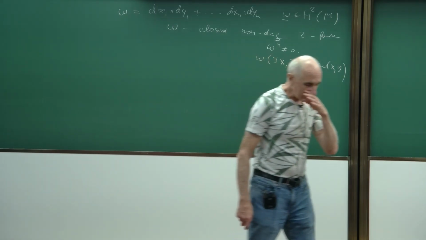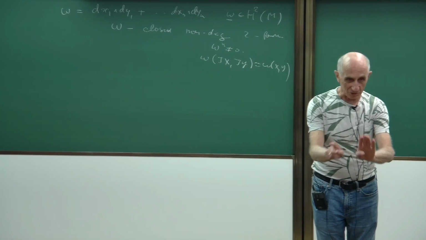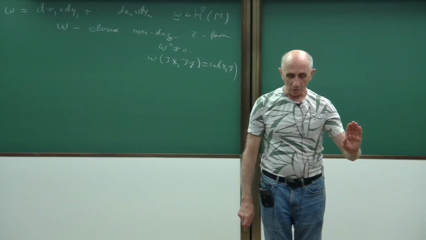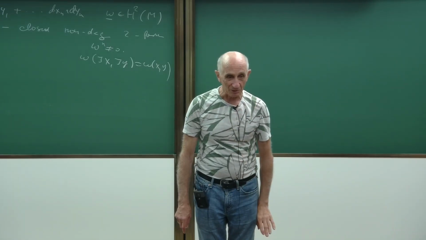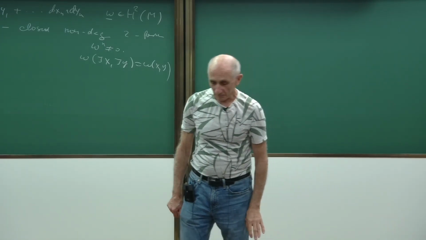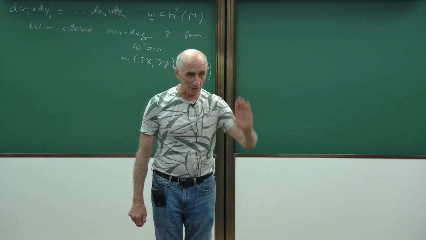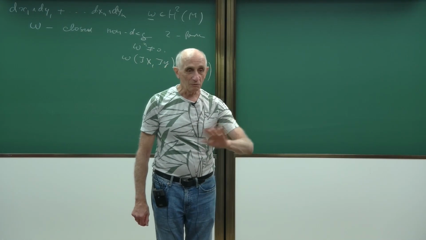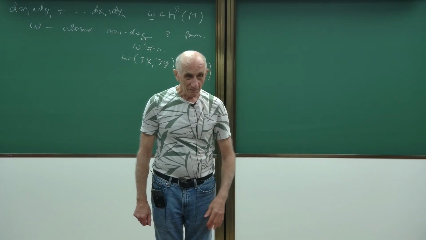I don't really want to go in this direction, but it's a piece of linear algebra. Suppose you have the standard symplectic form in R^2n, and you ask what is the space of all almost complex structures compatible with this condition.